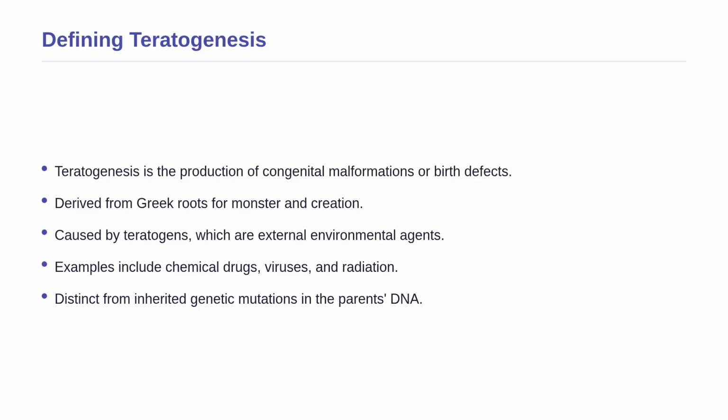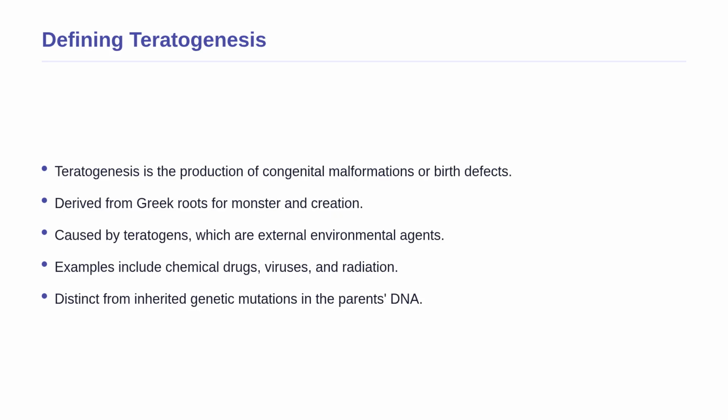Now that we understand why timing matters, let us formally define our topic. In developmental biology, teratogenesis refers to the complex process by which congenital malformations, or birth defects, are produced in a developing embryo. The term comes from the Greek words for monster and creation.